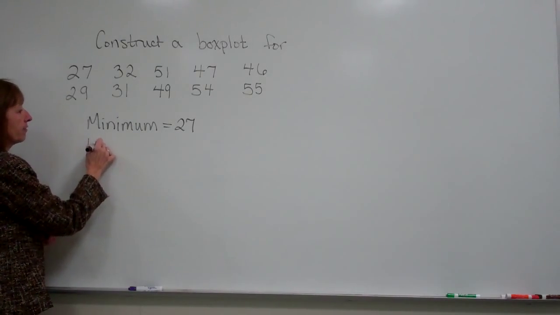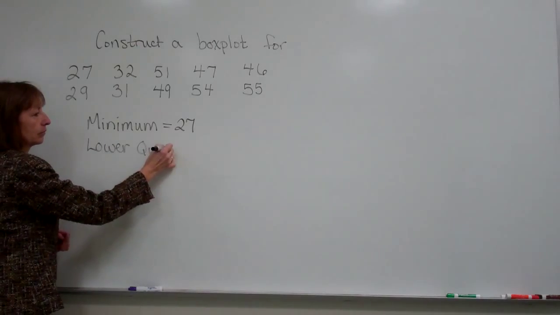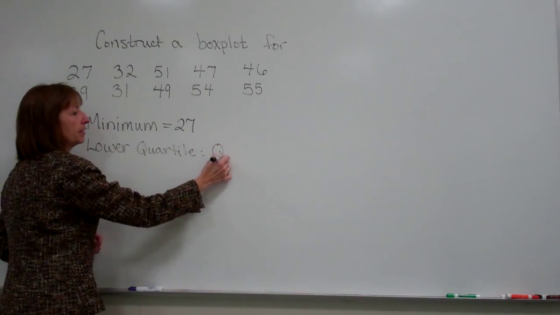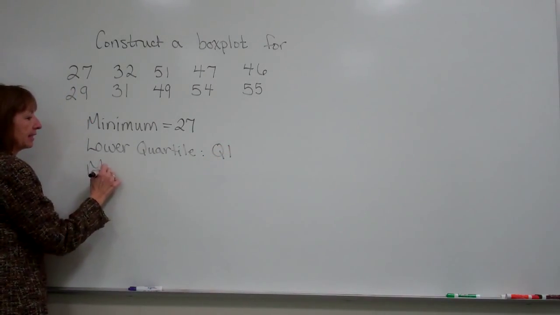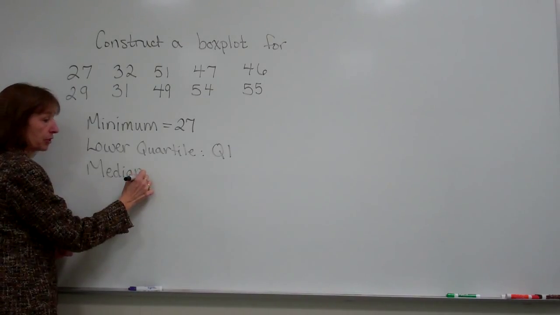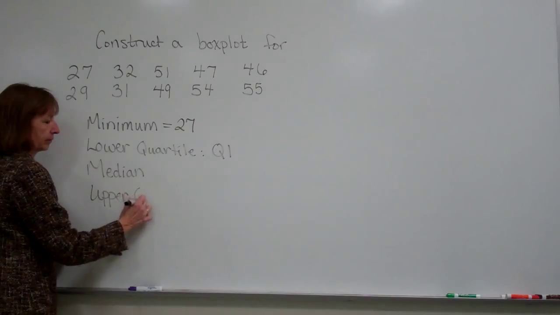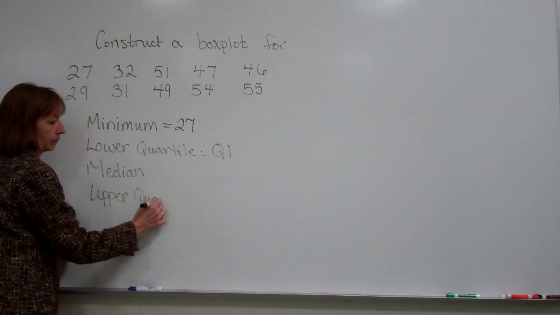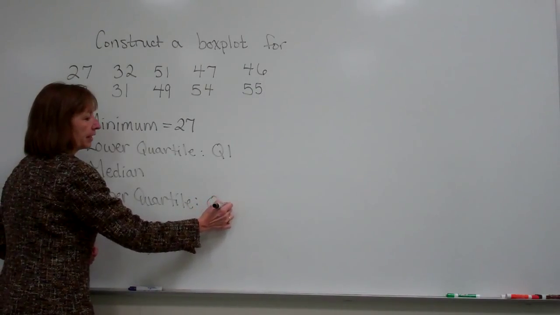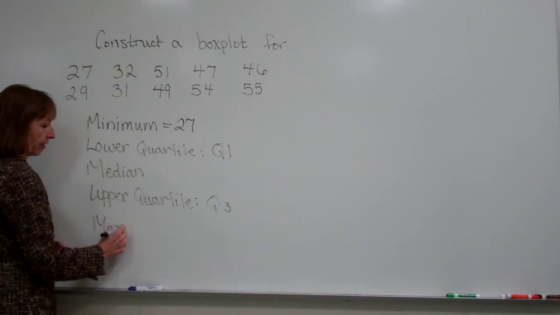We also will want to find the lower quartile, which is also denoted Q1, the median, which sometimes might be denoted Q2, the upper quartile, which is denoted Q3, and then our maximum value that we have for our data set.